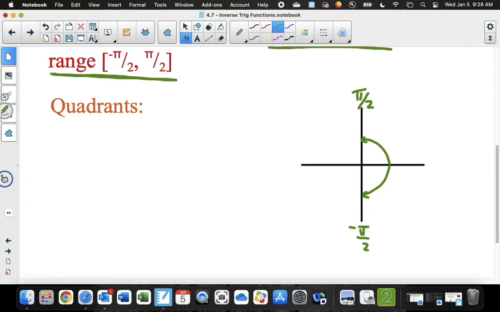Okay? Which two quadrants are we working in? Our answers have to be in, what is it, Triton? 1 or 4. Okay? These are the only two quadrants that you can have your answers in when you're dealing with the inverse sine or the arc sine.